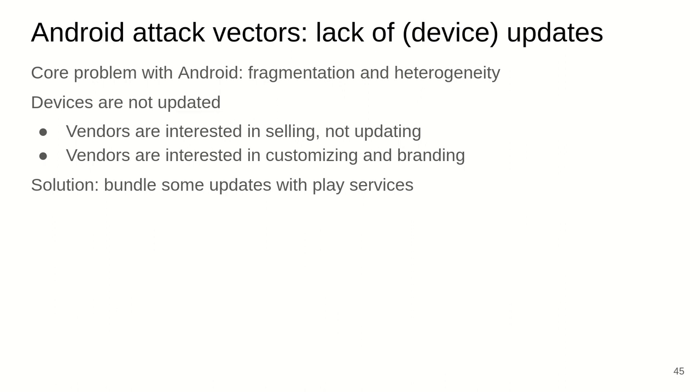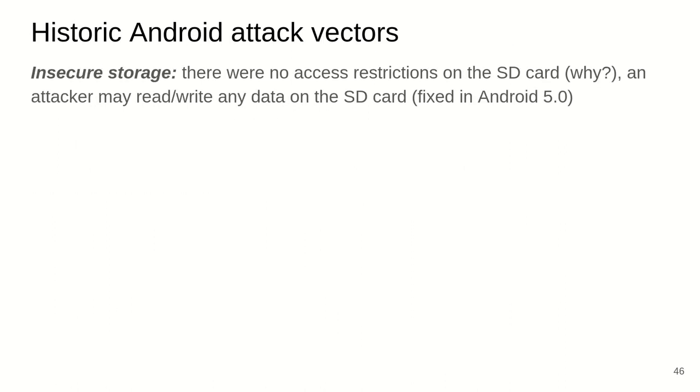Some historic attack vectors are insecure storage. In earlier Android versions, there were no access restrictions on the SD card, and an attacker could read and write any kind of data on the SD card. This was fixed in Android 5 when multi-user was also rolled out. The reason was that this provided a way to remap and remount the SD card for sharing data with a desktop, for example.